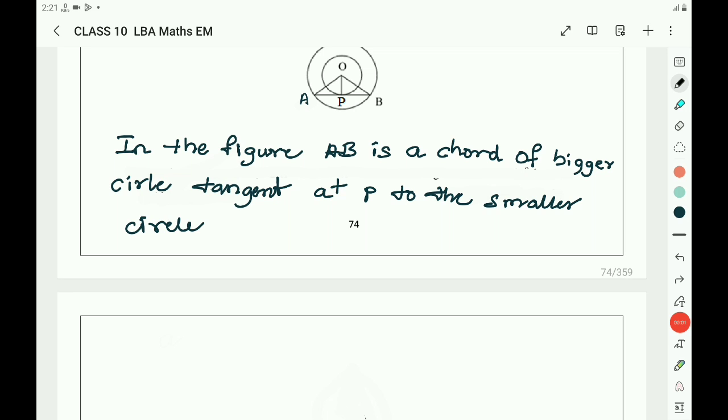Then you write OP perpendicular to AB. OP perpendicular to AB. That is according to theorem 10.1.